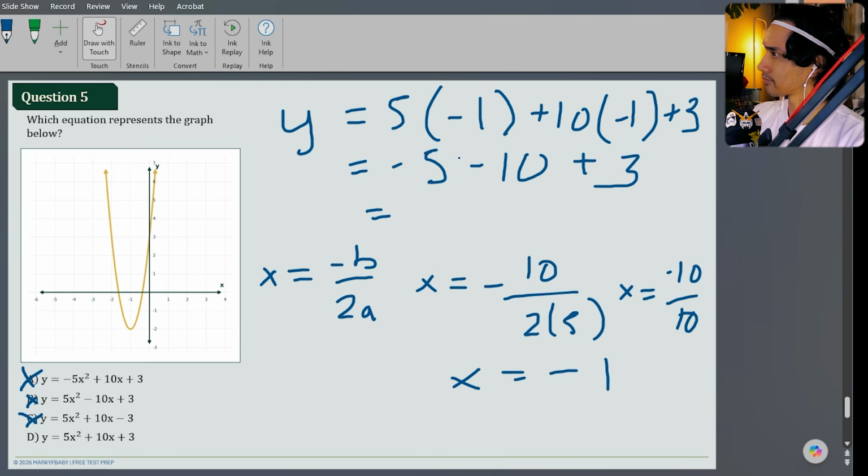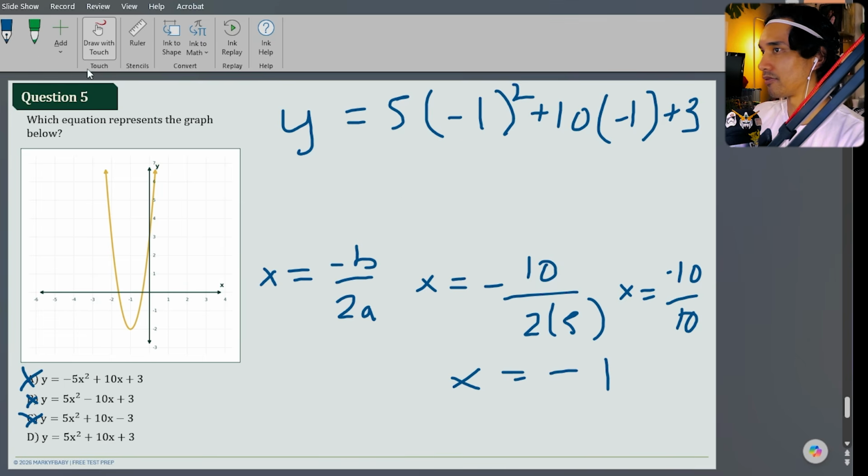Oh, this is squared. That's why. My gosh, I was tripping because that was a big number. Let me just rewrite all this again. It's confusing me.